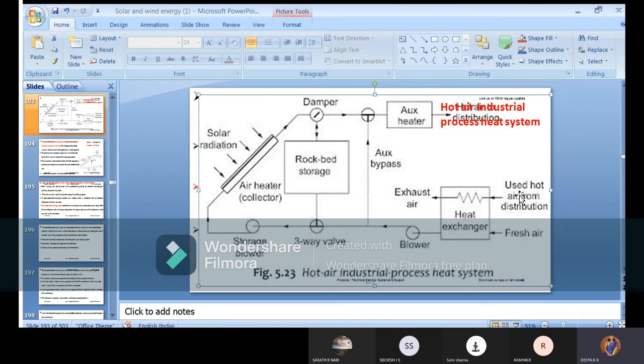Maybe some people you have seen, instead of cold water, they will pour hot water, already boiled water, because the time to heat the water will be reduced and your cooking time will be reduced. Similarly here, when used hot air from the distribution has been taken care of, it will be exhausted. Exhaust fan, this is exhausted air.